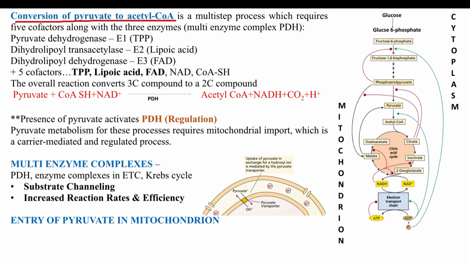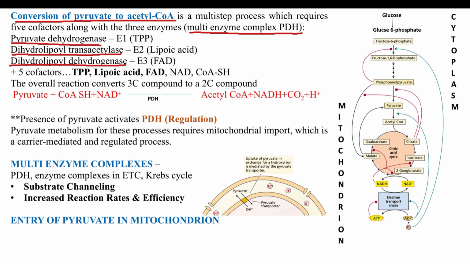The link reaction requires a multi-enzyme complex, commonly known as PDH or pyruvate dehydrogenase complex. This complex has 3 enzymes and 5 cofactors. The enzymes are pyruvate dehydrogenase, dihydrolipoyl transacetylase, and dihydrolipoyl dehydrogenase.